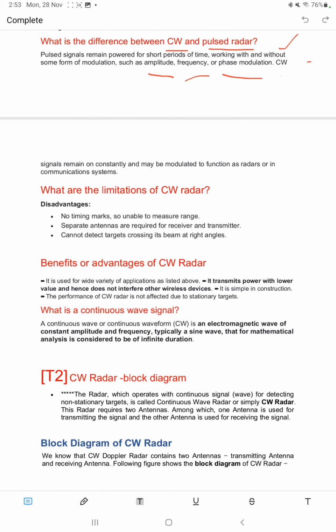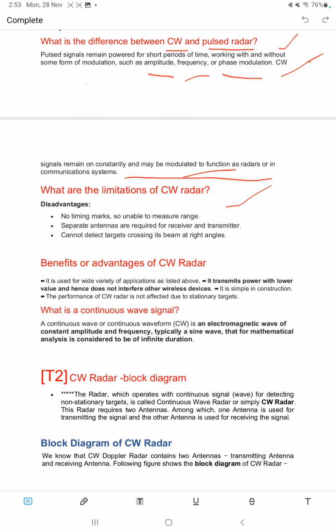Whereas continuous wave signals remain on constantly and may be modulated, functioning as radars or in communication systems. In pulsed radar, modulation may or may not take place, whereas in continuous wave radar there is constant modulation.